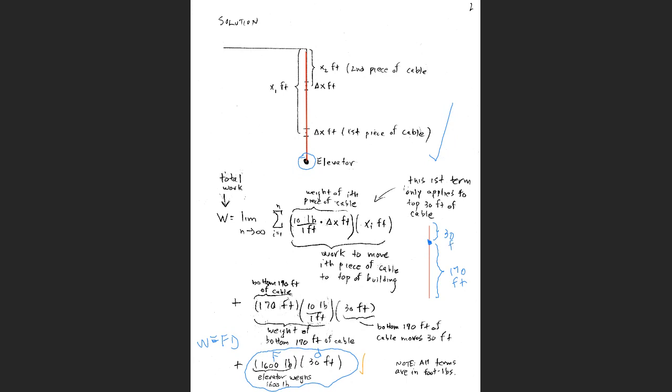Okay. So when we move the elevator up 30 feet, does the bottom 170 feet of cable ever reach the top of the building? The bottom 170 feet of cable?